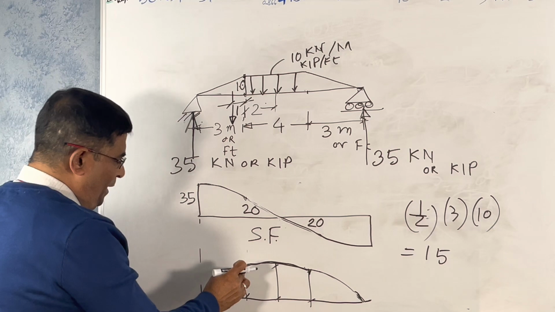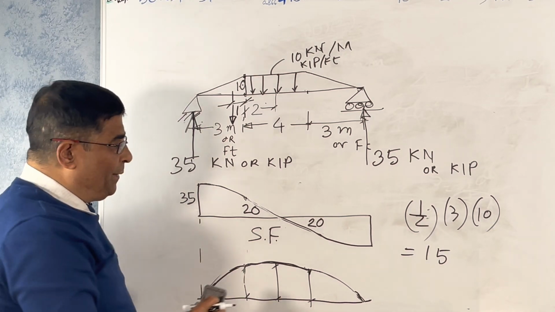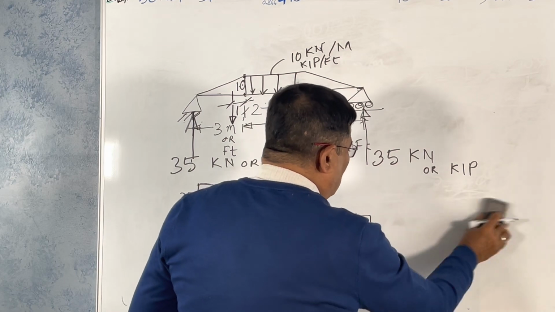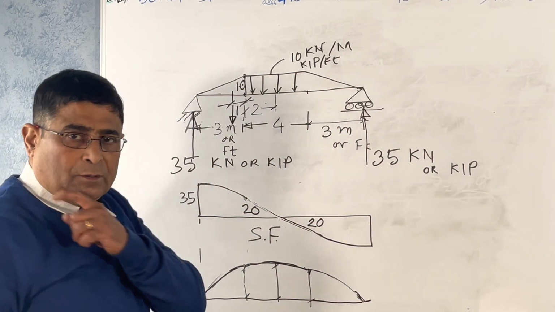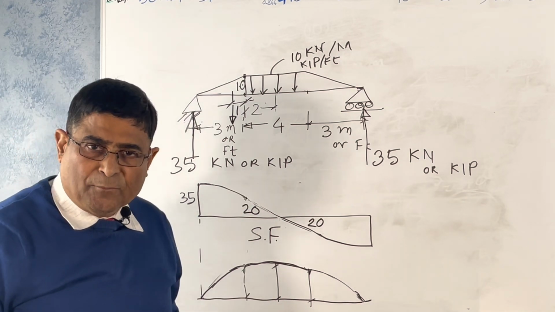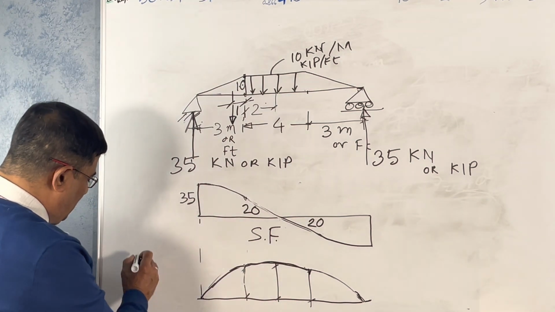So what is the moment at this point? Bending moment: the total unbalanced moment caused by the force to the left or right of the section is the bending moment.